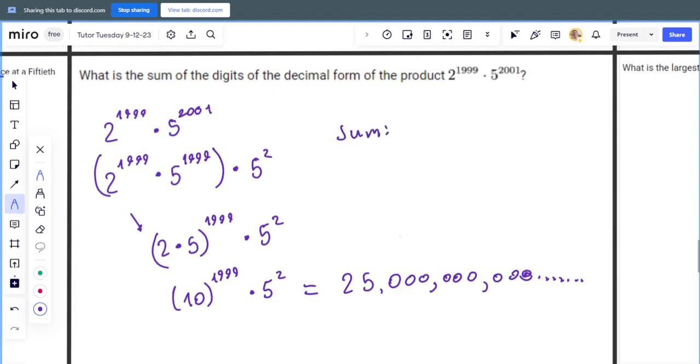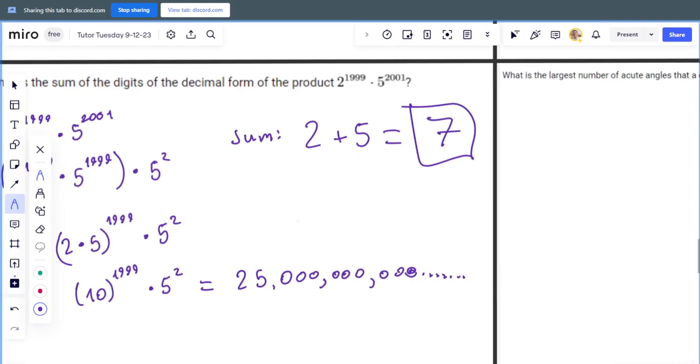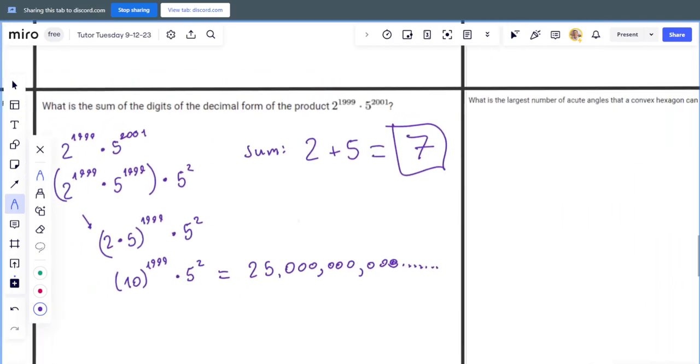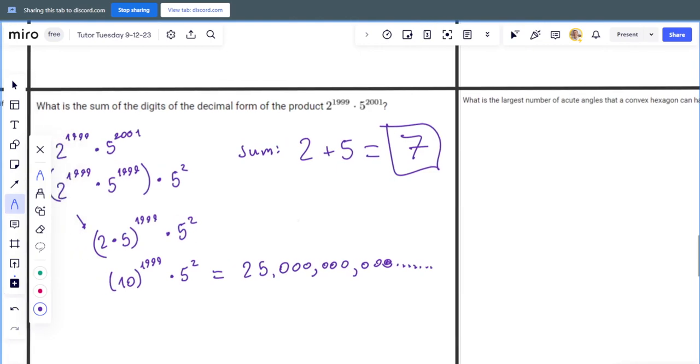So the sum is 2 plus 5, which is 7. I'm not sure, but this is the way I would do it. I'm not so sure what they mean by decimal form either, but this is how I would do the problem to get that sum of 7.